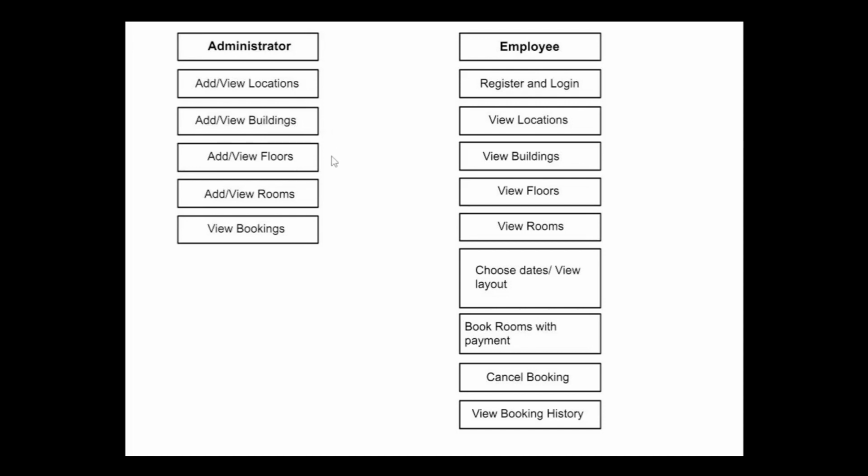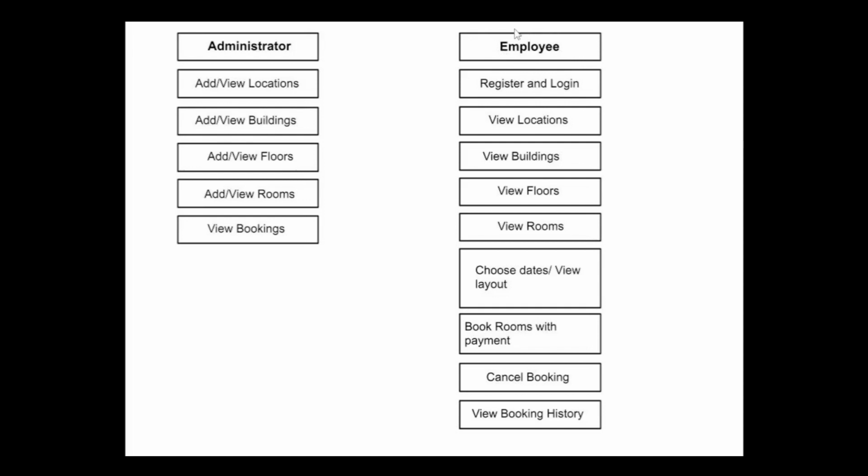Then, in these buildings, administrator will add how many floors are available for this purpose, and can view the floors. In these floors, administrator will define how many rooms are available for bookings. After adding rooms based on all these floors, buildings and locations, administrator can view the added rooms.